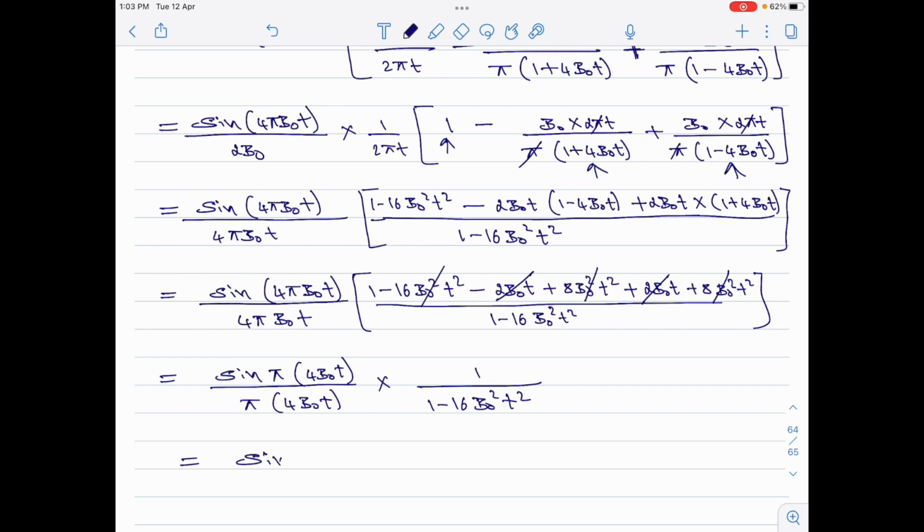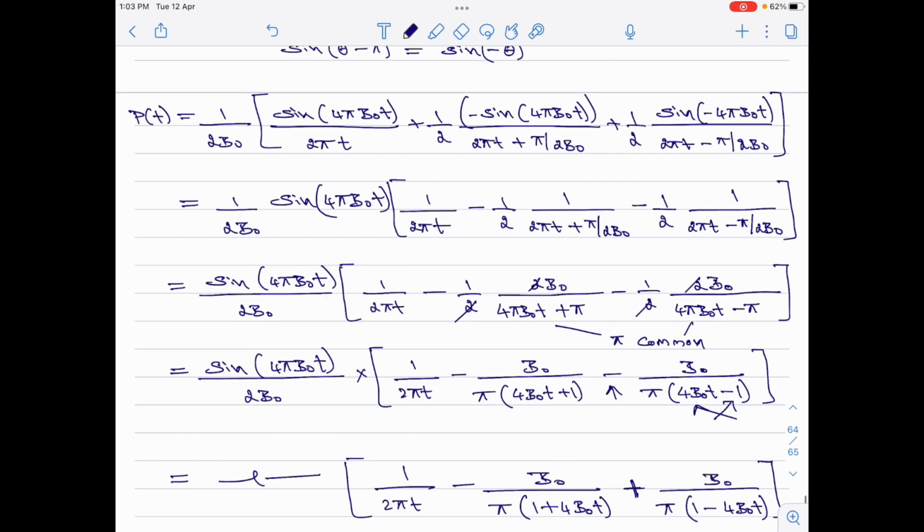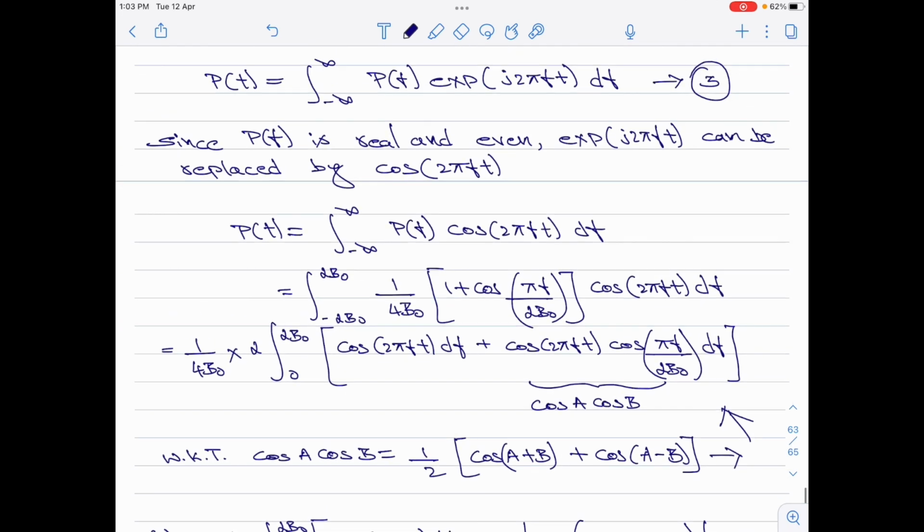So, this reduces to sinc 4 b naught t whole divided by 1 minus 16 b naught square t square. This is p of t, and if you go back to the numerical, you will find that this is what we have been asked to prove.